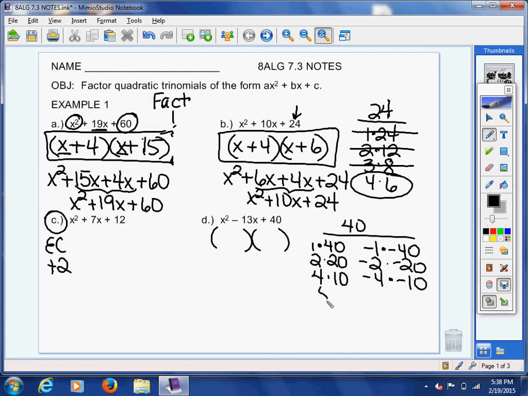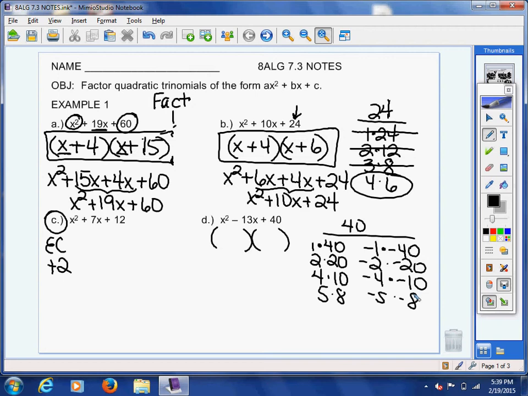You could have 5 times 8, negative 5 times negative 8. 6 doesn't work, 7 doesn't work, and we're repeating again once we hit 8. There are 8 pairs of factors up here, okay? Only one of these actually adds up to be negative 13, okay?